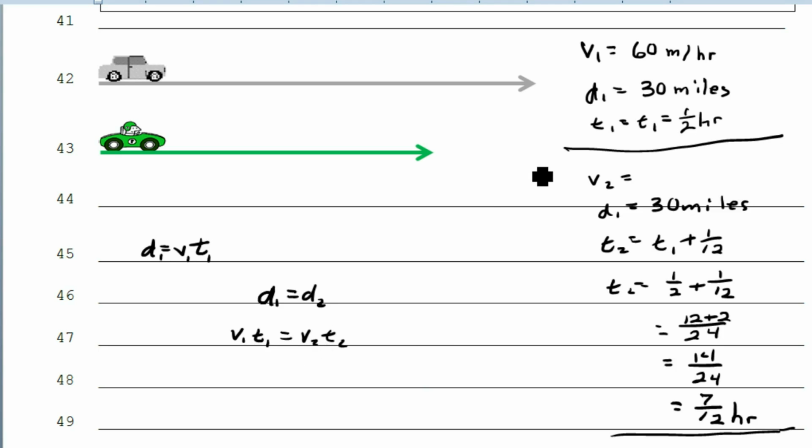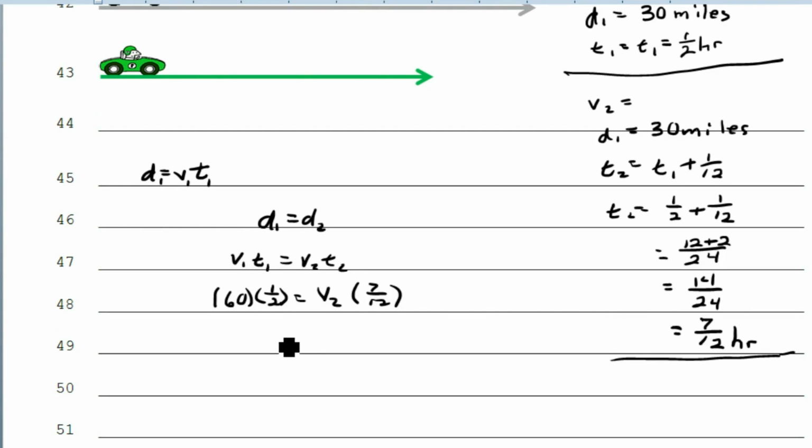We know V1 and T1, and we know T2. And we just plug these numbers in. 60 times 1/2 equals V2 times 7/12.